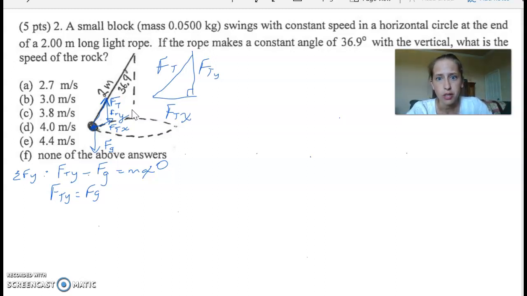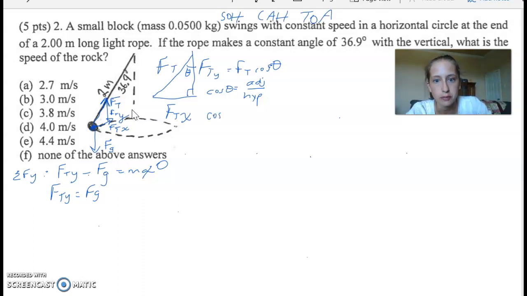Hopefully you can get to the point where you can say, oh, that equals Ft cosine theta. If you're not there yet, that's okay. Sometimes I have to draw it out too. But you're going to look at this and go, well, the cosine of theta equals adjacent over hypotenuse, because SOH CAH TOA.